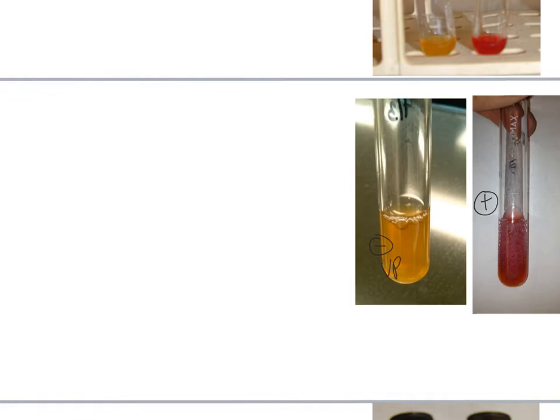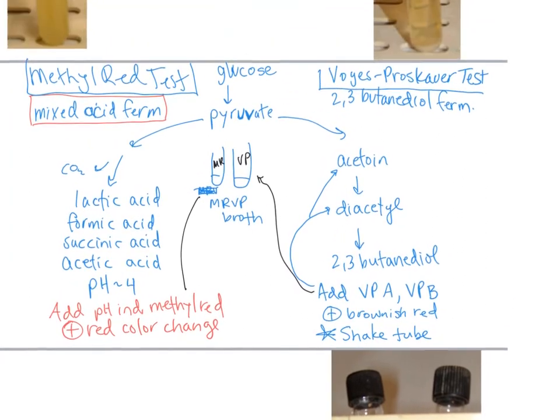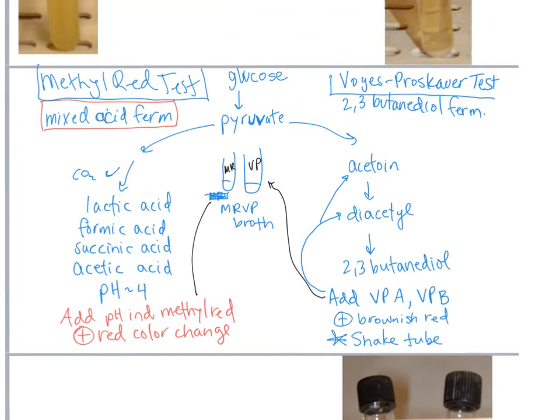Okay, so like I said, all of our enterics, organisms in that family, Enterobacteriaceae, will be positive either for one pathway or the other, not both. So if this Methyl Red test turns positive right there, don't knock yourself out shaking this over here, because that's not going to be positive.